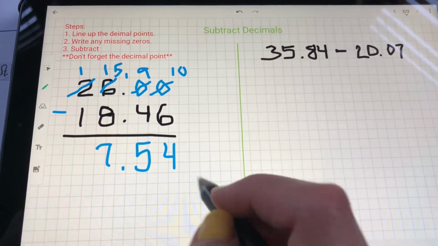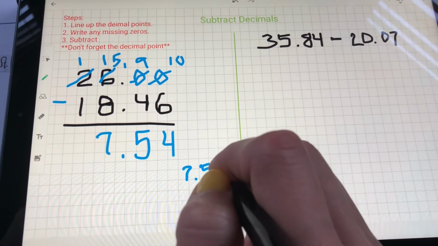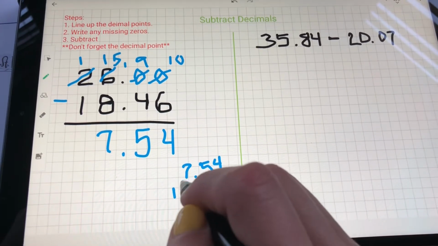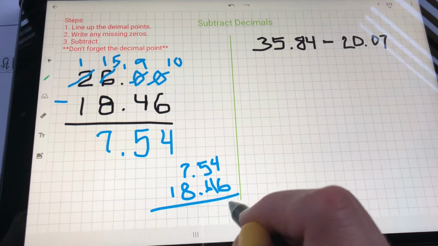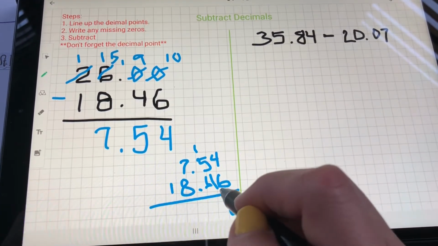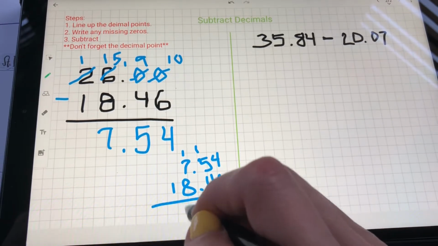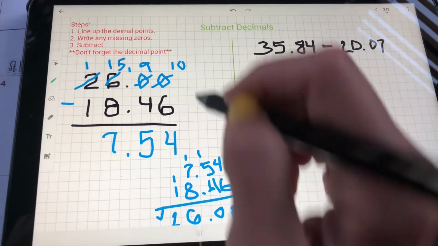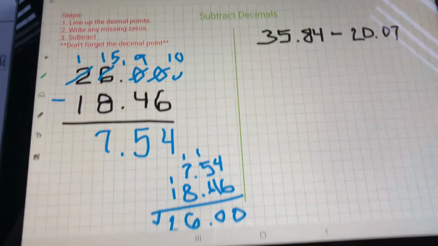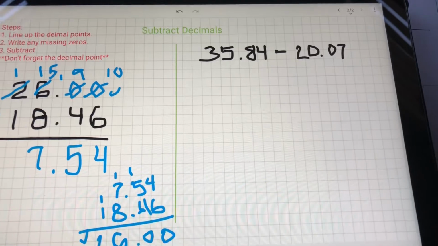You can check it if you like to make sure. 7 and 54 hundredths plus 18 and 46 hundredths, 10, 10, 15 and 1, 16, 2, we get 26 here, 26 there. So that is correct.